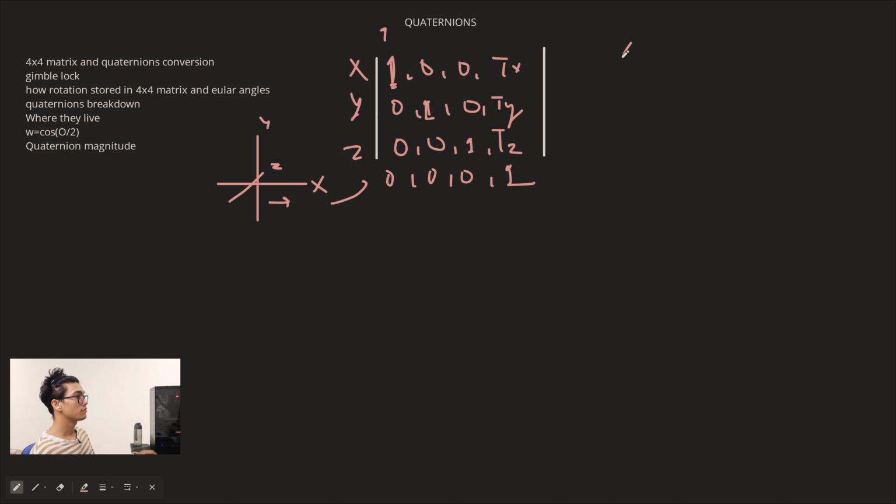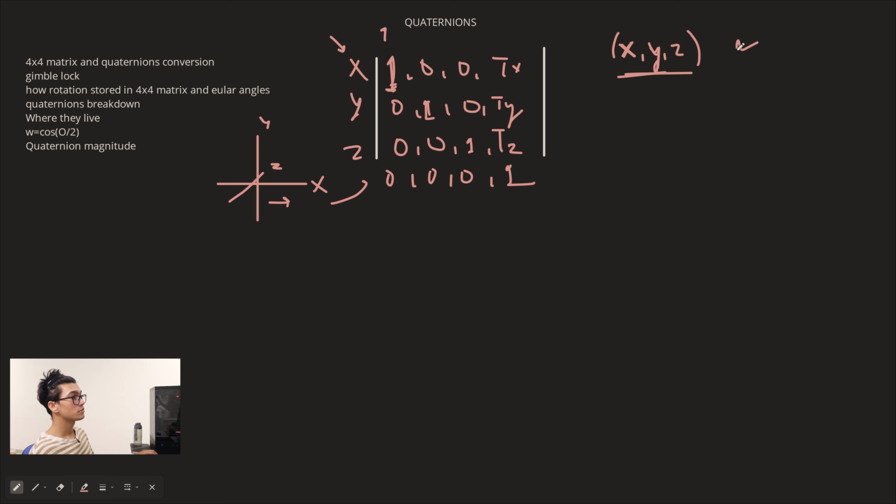When I'm saying here x, y, and z, this is the direction based on the world. Here this is not a vector, this is just to represent the direction. See, this is the x component of the object, right? And where this is facing, it is facing in the x direction of the world.